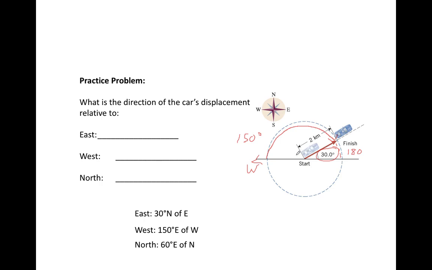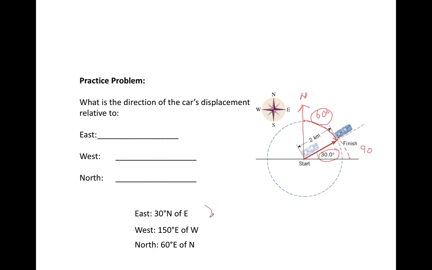And relative to north, it's 60 degrees east of north. So if we start at north, we are traveling along this path to the vector, and that angle is 60 degrees because all the way to the line is 90, and we know this is 30, so 90 minus 30 is 60. So it's 60 degrees east of north.